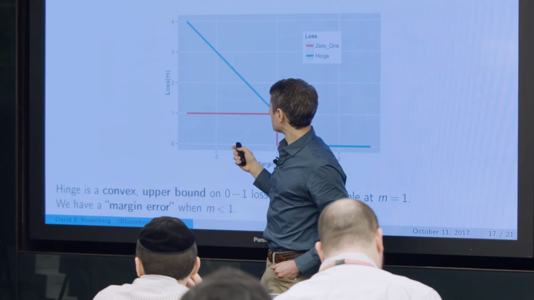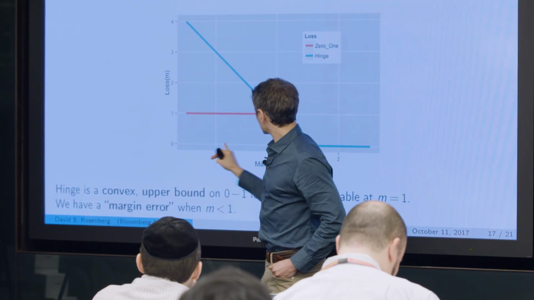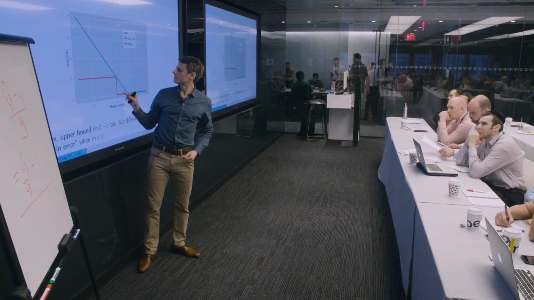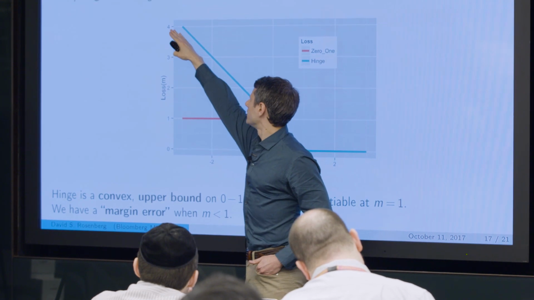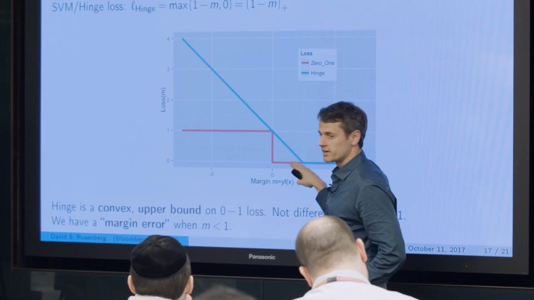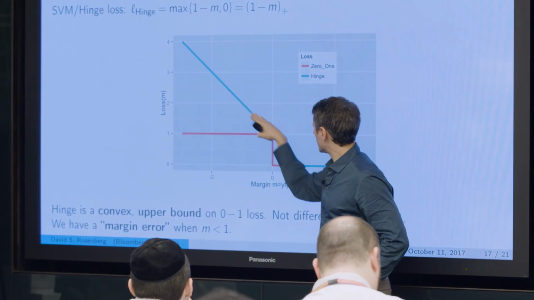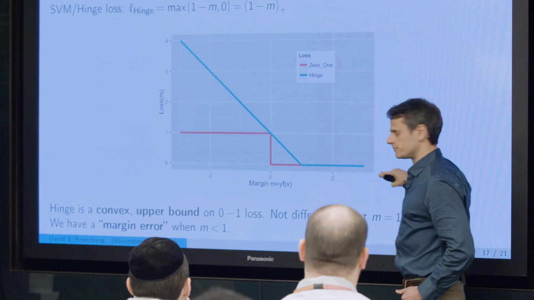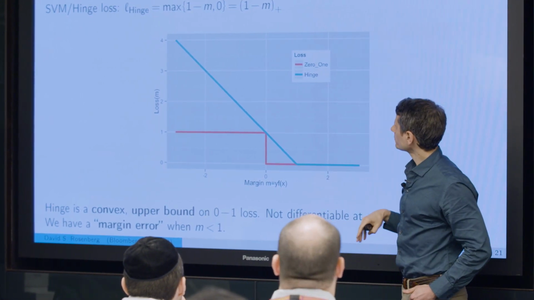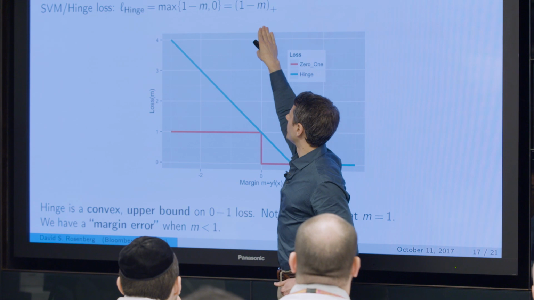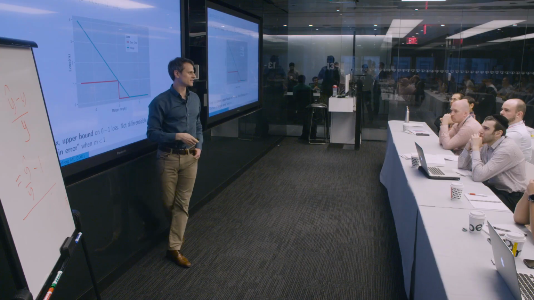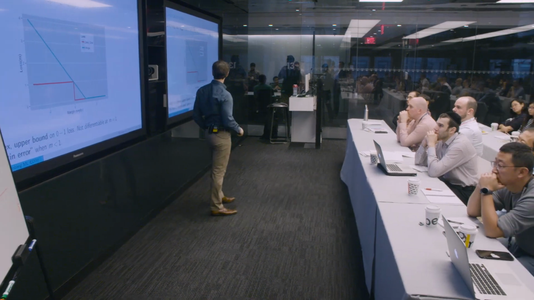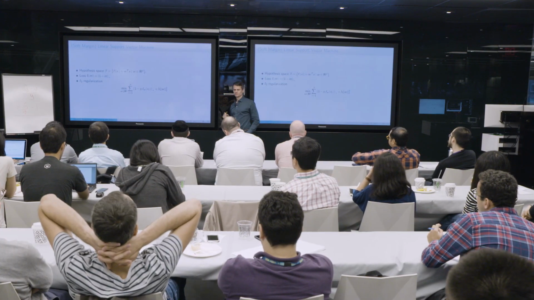So if m is less than or equal to 1, then 1 minus m is greater than or equal to 0. And in that case, the function is just 1 minus m. So that's 1 minus m until 1 minus m is negative, and then it's just 0. All right? So you can either write it as the positive part of 1 minus m or the maximum of 1 minus m and 0. And you can see that's the same thing. Any questions on hinge loss?